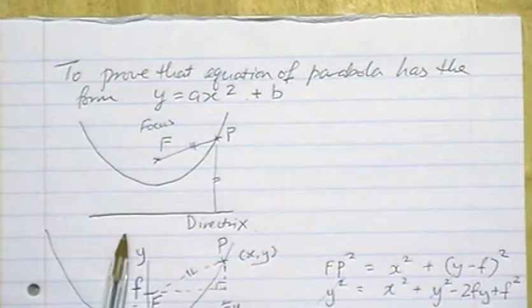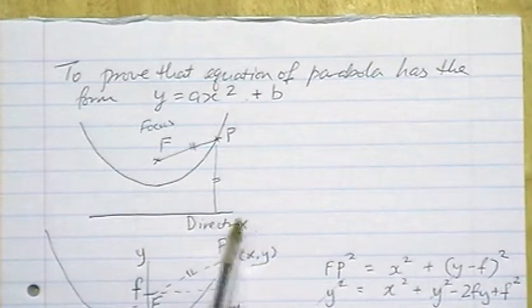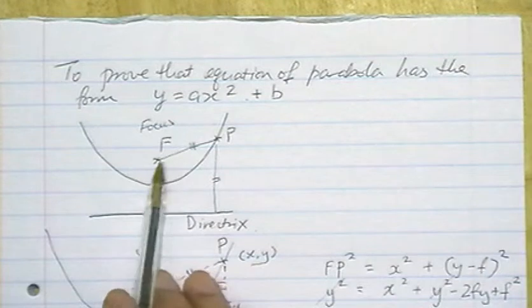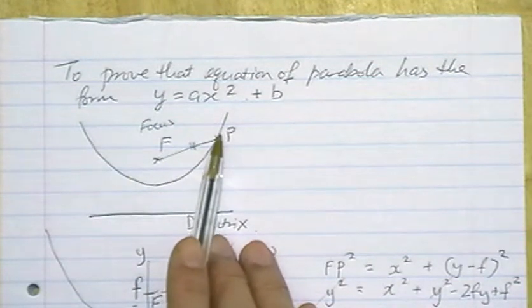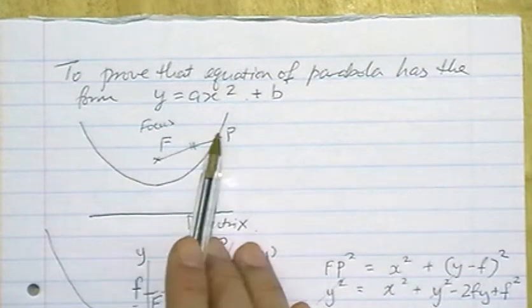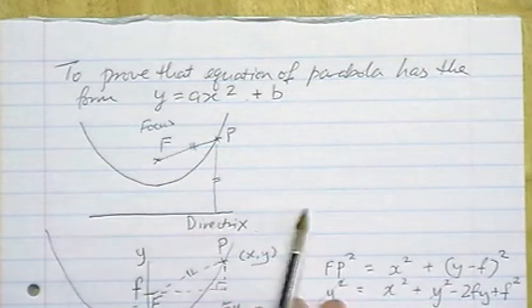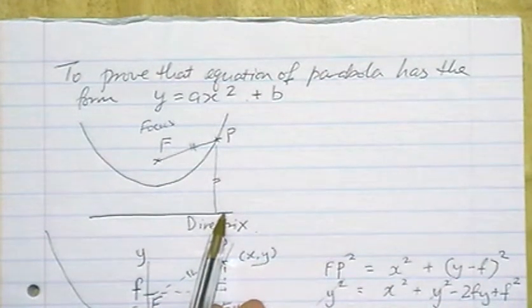follows the same idea as the directrix focus definition for a parabola. Whereas for a parabola, the distance from a point on the curve to the focus must be equal to the distance from that point to this fixed line called directrix.